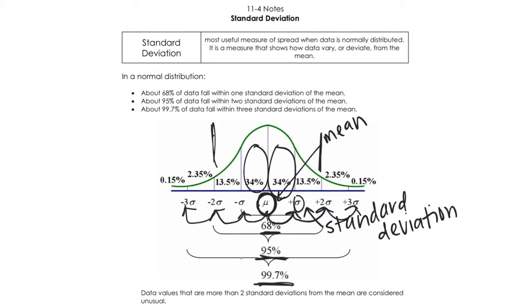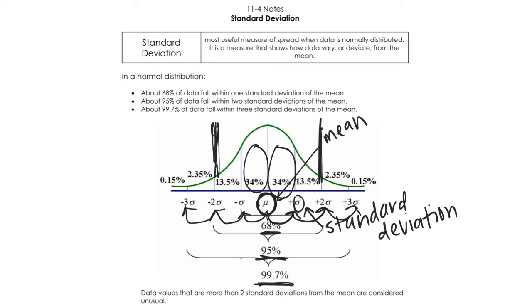So most of your data that is useful and very relevant to what's happening is going to be within that 95%. So those are your usual data. And then the ones that are kind of further away from what's happening are outside of those 2 standard deviations.